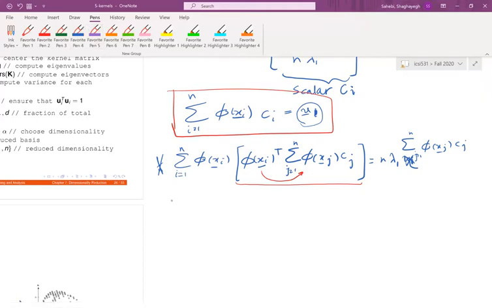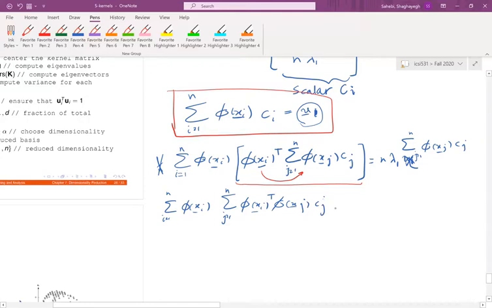So what I get is the summation of i equals 1 to n, phi of xi, summation of j equals 1 to n, phi of xi transpose phi of xj cj is equal to n lambda 1 times the sum over i equals 1 to n, phi of xi ci.